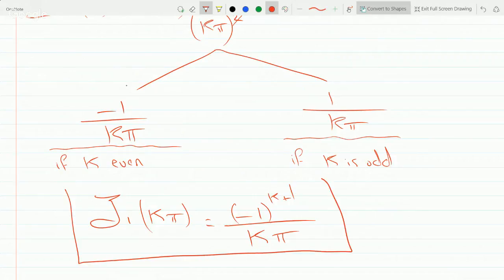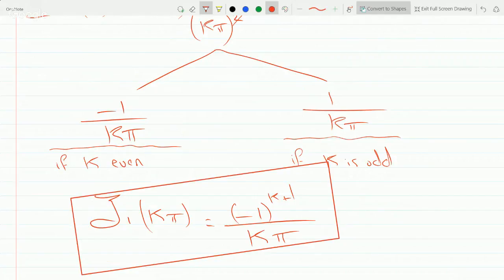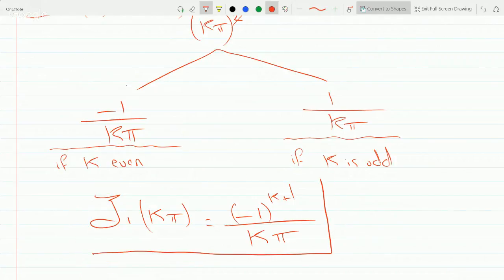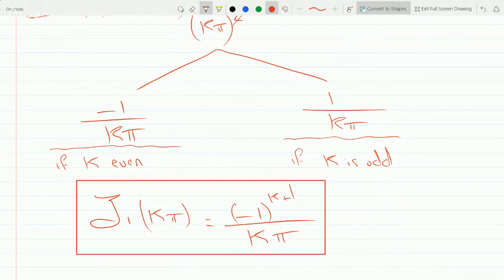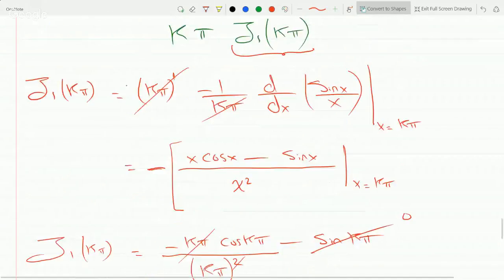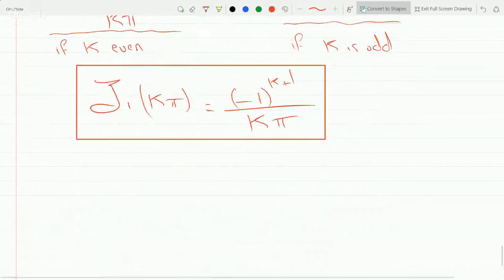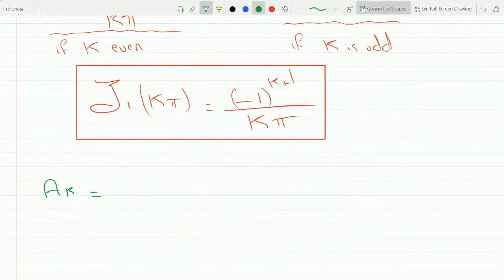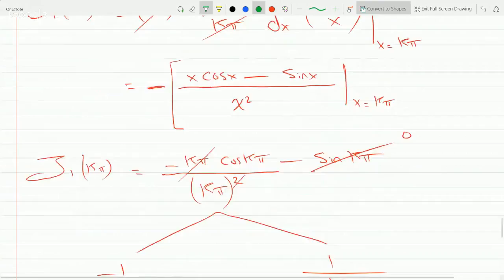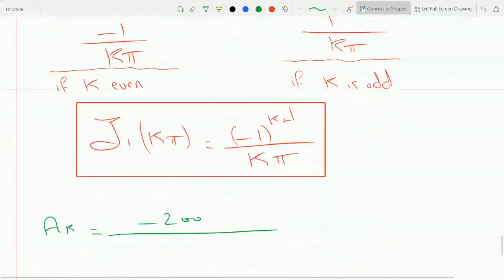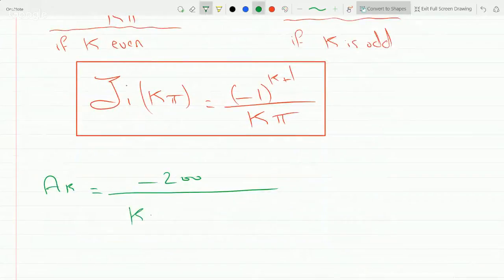So this is j1 of k pi, and now we're going to take this and plug it in here in a_k. So a_k becomes minus 200 over k pi times minus 1 to the k plus 1 over k pi.